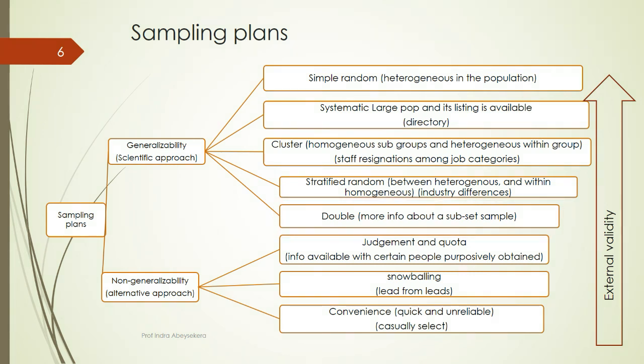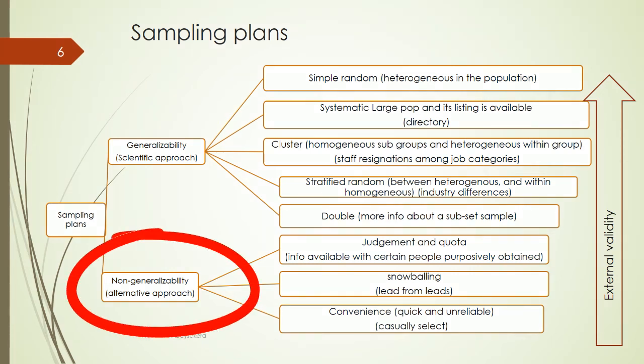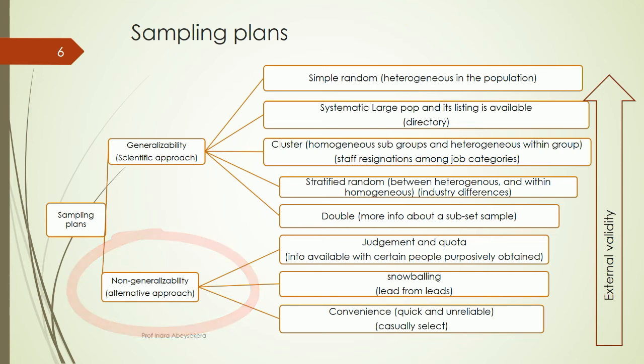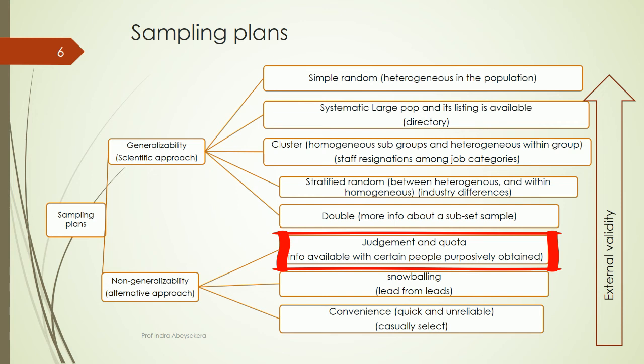We can also have the approach, if we are not going to generalize the findings, we can follow the alternative approach or research methods, and we can use judgment and quota sampling, where we require information from the experts, for example. We will purposefully sample them, or quota, for example.